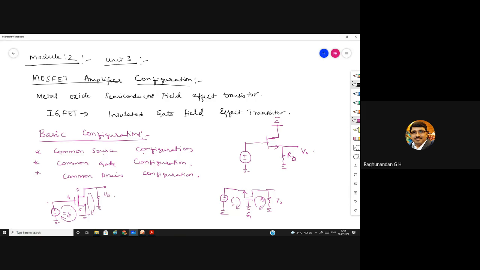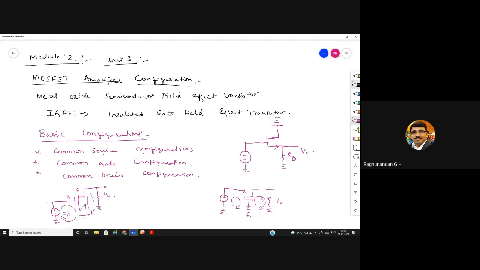Next, in the common gate configuration, since the gate is common to both the input and output, it is known as common gate configuration. This kind of configuration is mainly used in radio frequency amplifiers, but it provides a low input impedance and high output impedance.